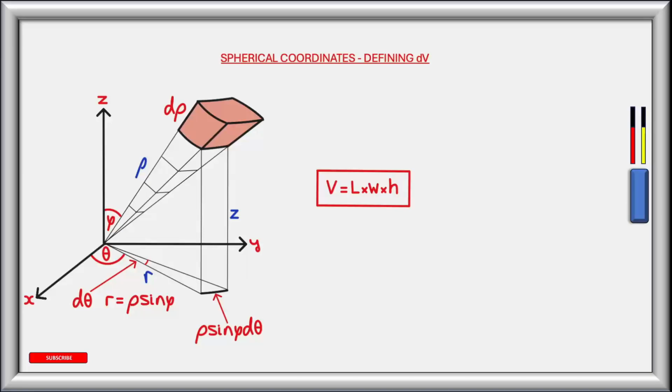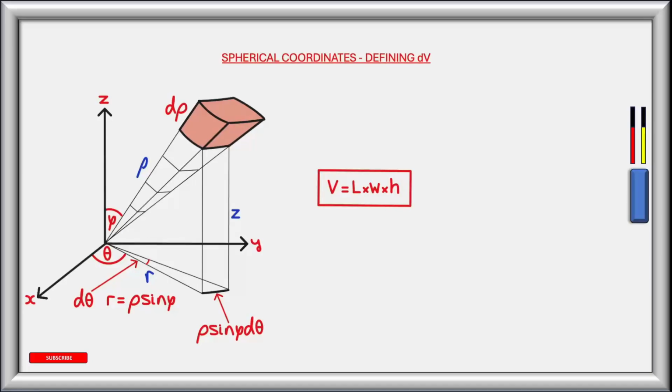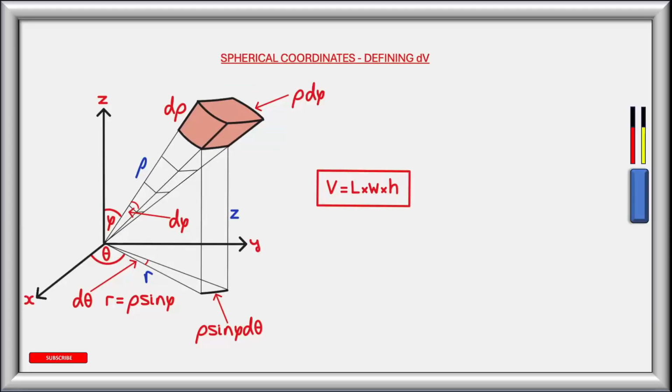And the length dimension of the rectangular box, circled here, lies along the arc of a circle, and this dimension is calculated by multiplying the radius of this circle, which we know is ρ, by the central angle, which is infinitesimally small, and in this case, dφ. So the length dimension is ρ multiplied by dφ.